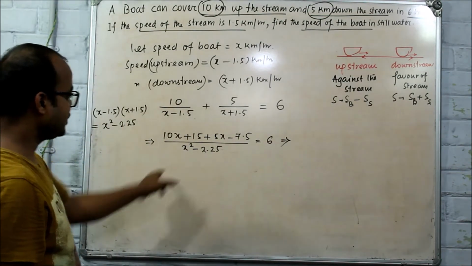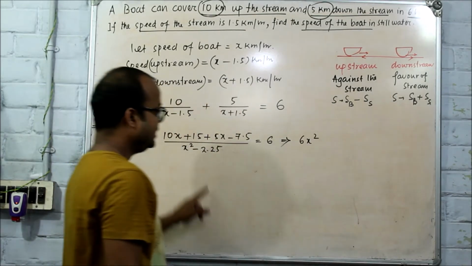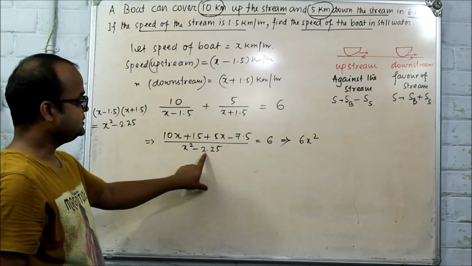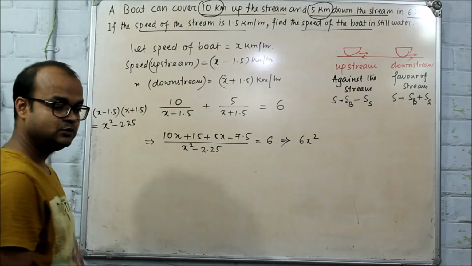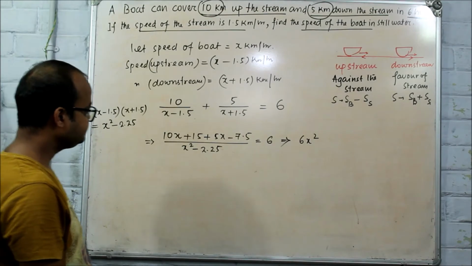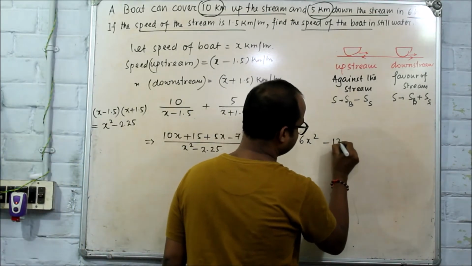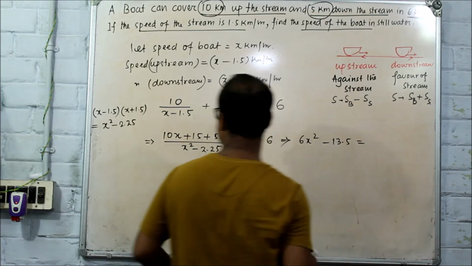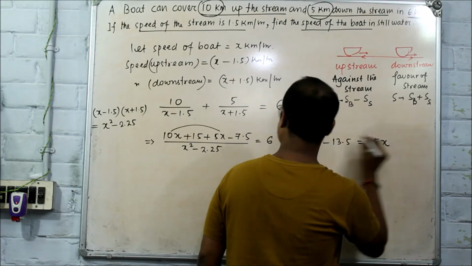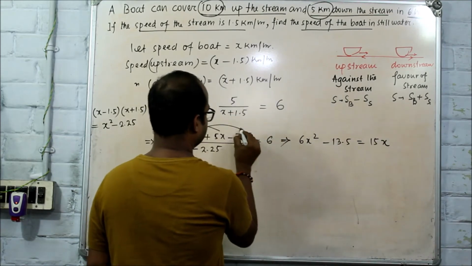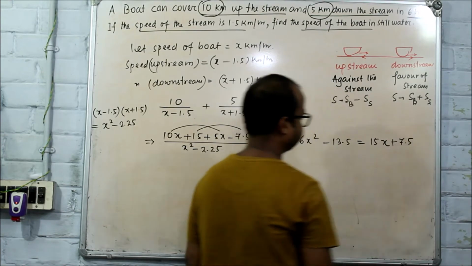So now if you cross multiply, you will get 6x square minus 2.25 into 6, that is equal to 13.5. So minus 13.5 is equal to 15x plus 7.5.